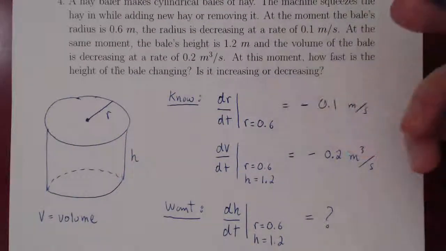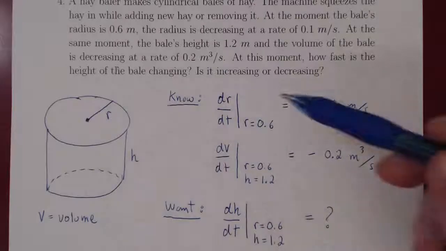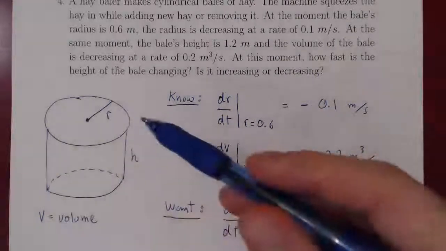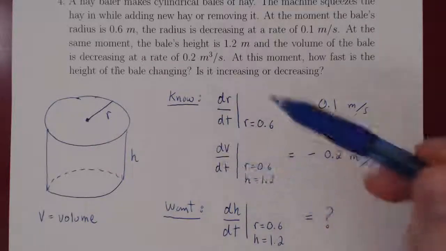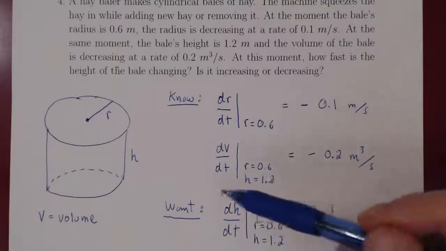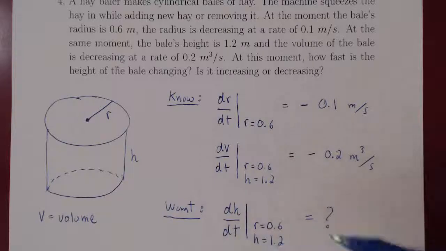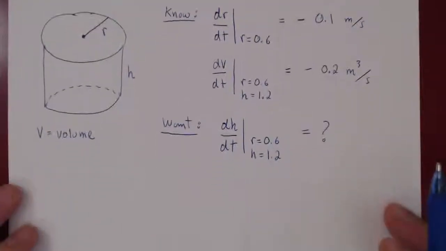So now we can forget the word problem. We have a complete translation of the situation. We have a picture where we have labeled the key variables of interest. We have the rate of change that we know, and we know the rate of change that we are trying to find. What we need now is a relation.